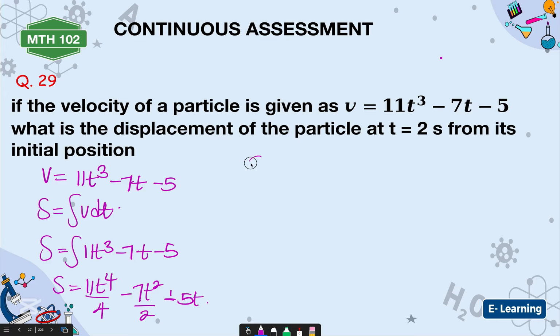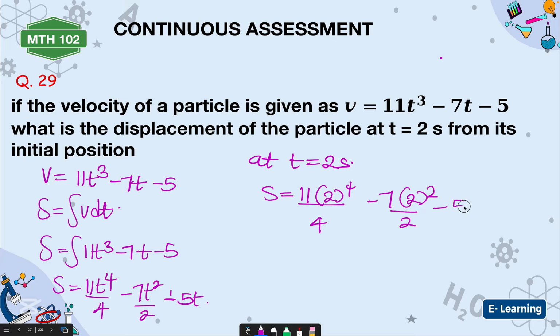They say at t equals 2 seconds. So your x will be 11, wherever you see t, put 2 seconds. 2 raised to the power of 4 divided by 4, minus 7, 2 raised to the power of 2 divided by 2, minus 5 times 2.